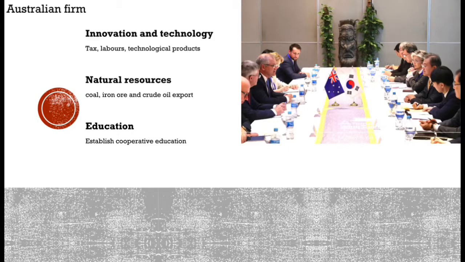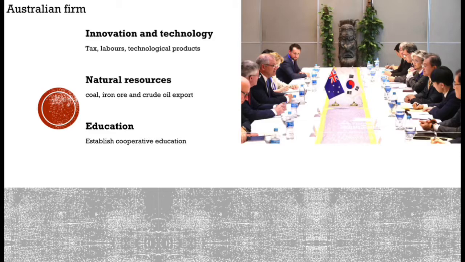Let's then talk about the Australian firm who wants to start doing business in Korea. What I want to say is that South Korea's economic development is more important than human development to Australian enterprises in South Korea. The first reason is that innovation and technology are among the most important factors in economic development.